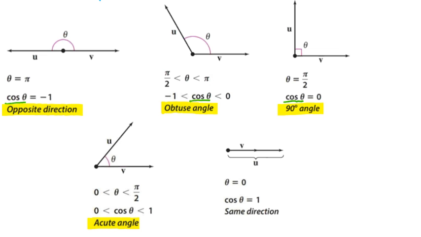For an acute angle, our theta will be between 0 and pi over 2, and our cosine of theta will be between 0 and 1. And when we have two vectors going in the same direction, we're going to see that their angle measure, their theta, is going to equal 0, and the cosine of theta is going to equal 1.